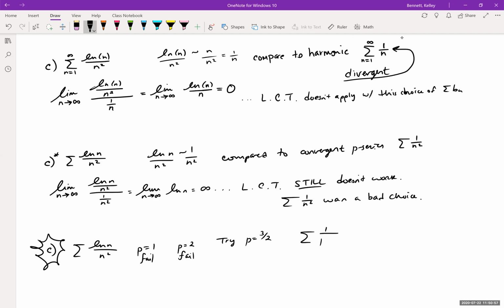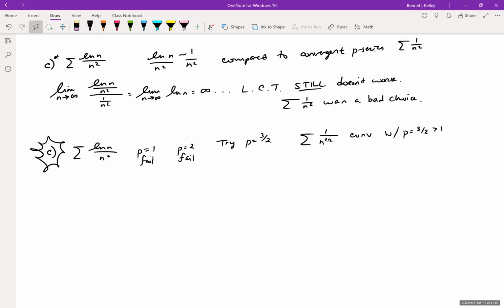So 1 over n to the 3 halves. This is convergent with p equals 3 halves, which is greater than 1. So this is a convergent p-series. And if this doesn't work, I'm just going to, I don't know, find a new job. But I'm feeling hopeful. I also looked in the book, so I'm good.